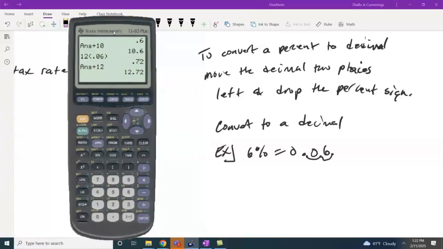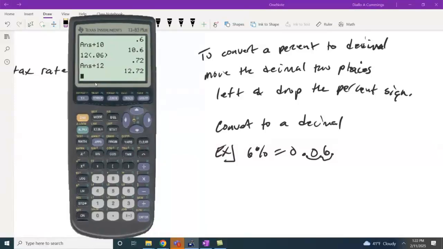Here's something else you could do. Since the sales tax is 6%, the total is 1, which is 100%. I could take 100% plus 6%, which gives me 106%. If I had 106%, how would I change that to a decimal?